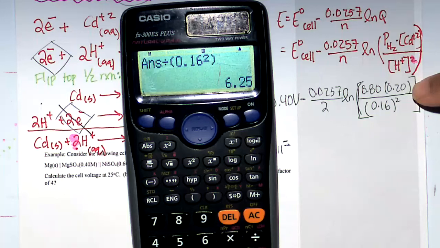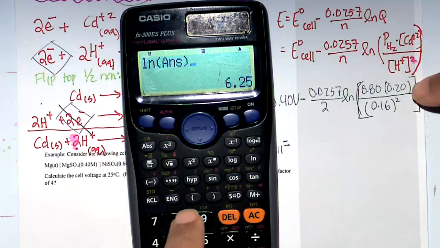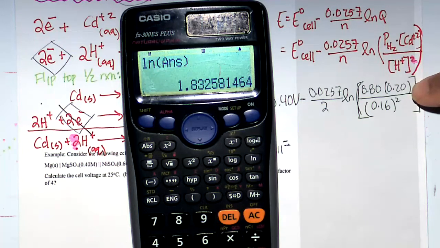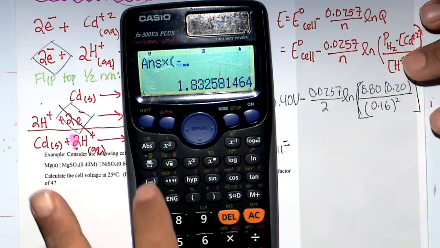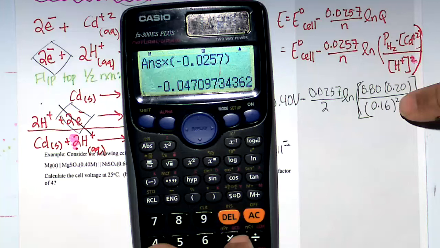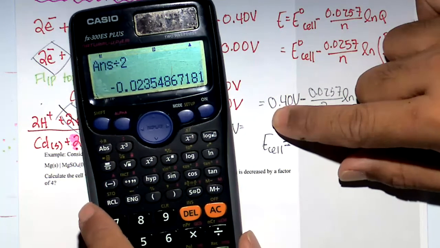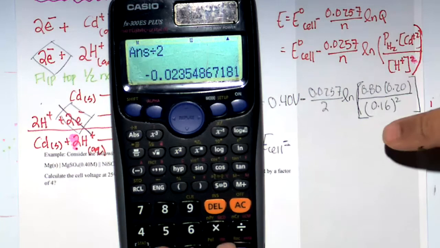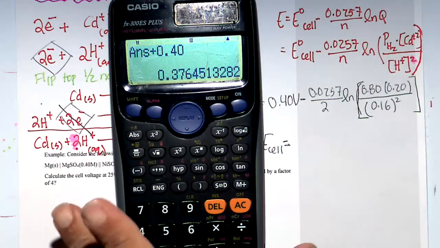Okay, 6.25. Let's natural log that. Equals that number times a minus 0.0257. Divide that by 2. Everyone with me? Plus 0.40. And 0.376, 0.38 volts.